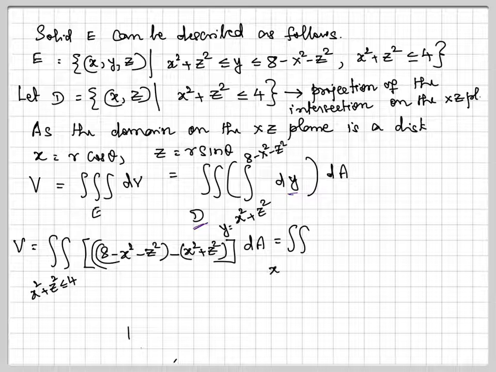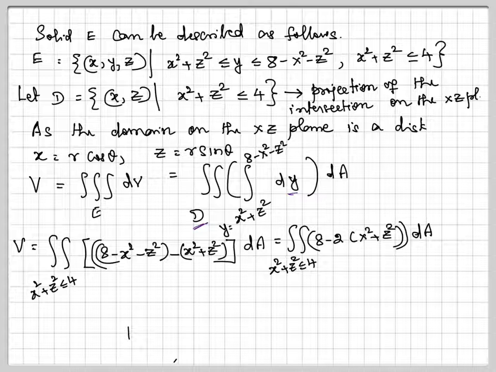If we simplify the inside, it's going to be 8 minus 2 times (x squared plus z squared), and then outside you have dA, which is the area of the disk. So we can use polar coordinates at this point.